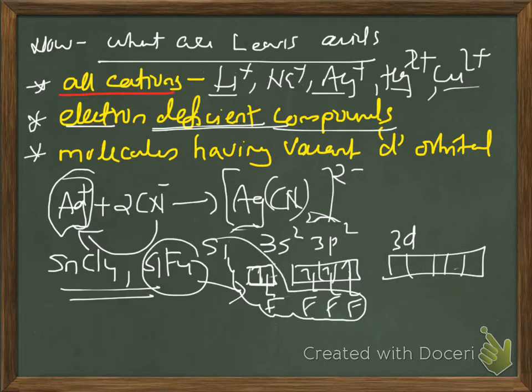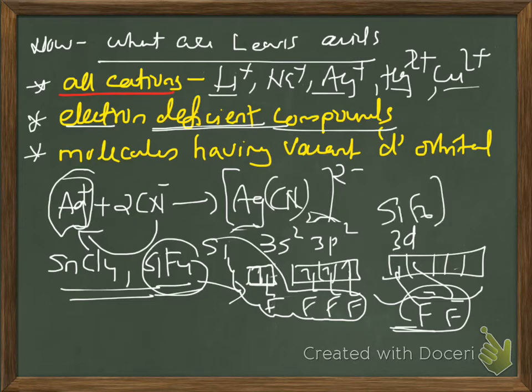Even after the formation of SiF4, you can see vacant d orbitals here. So these d orbitals can be used for accepting lone pairs from the next coming fluoride ions. They will donate lone pairs to these vacant orbitals and form SiF6 2 minus.